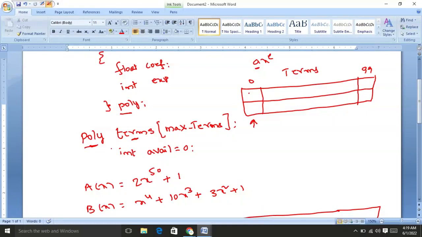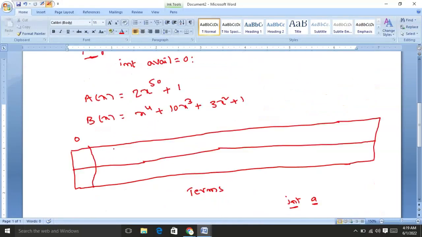The terms is the array of poly type. So this is the coefficient. This is the coefficient I already discussed. This is the exponent. The first one is stored. This is the 2 and this is the 50. In the second location, the coefficient is 1 and this is the 0.